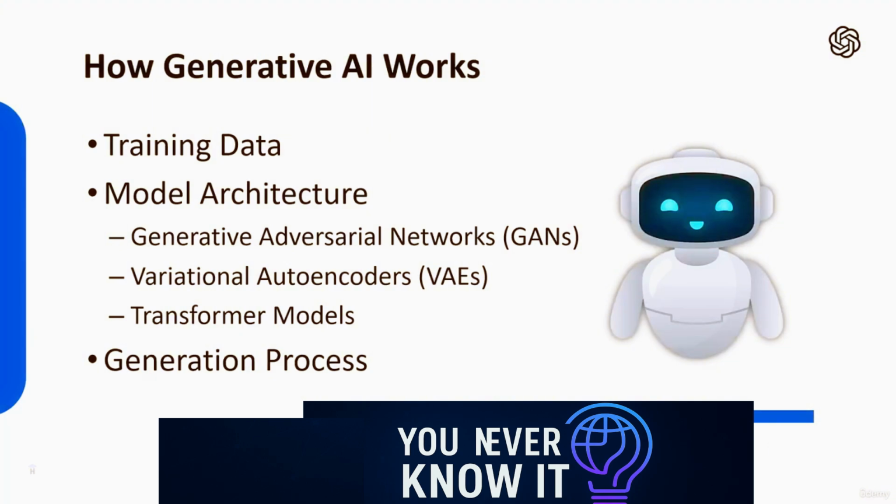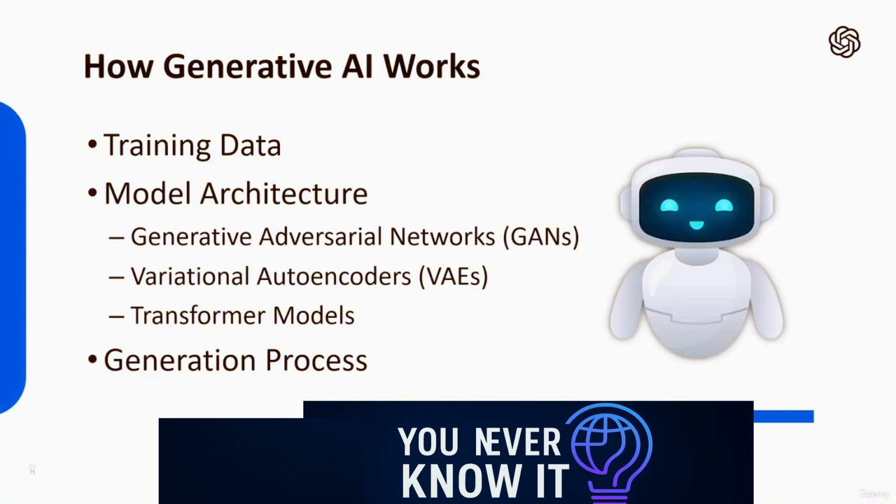GANs consist of two neural networks, a generator and a discriminator.